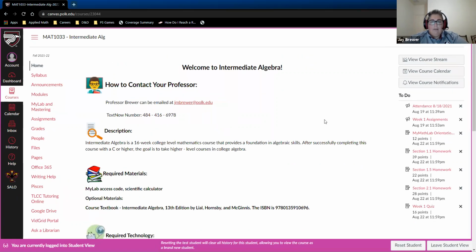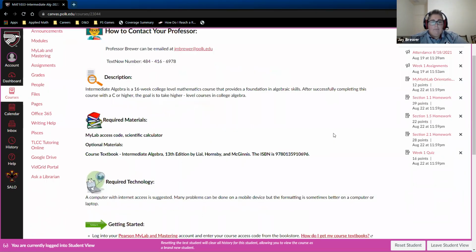So you'll see that I am now in the student view. Depending upon the section number that you are in, you might see a little bit of differences here and there. The primary difference is going to be your section number. The majority of the class will be identical with the exception of your section number and the time that we meet. This is your welcome statement.